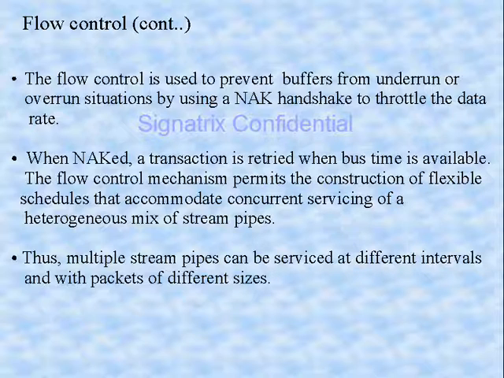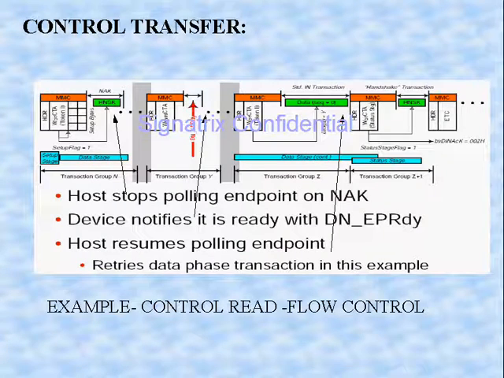But in that, if we are having 2 or more pipes, now control transfers. Now we'll see the control transfer read flow control. Now look at here what's happening. First, the MMC is sending some setup bytes.